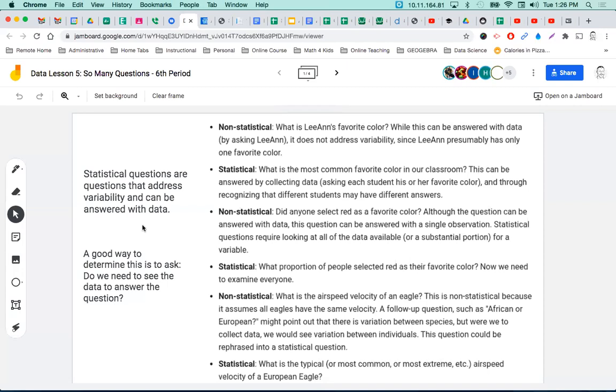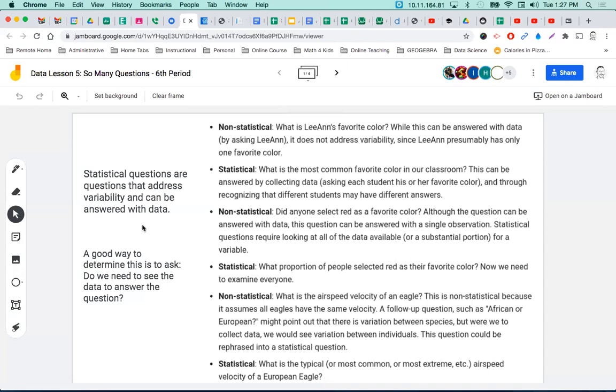Like I said, if we were to ask one person one question, we can't compare that response unless we get others to respond. Or unless we are asking the same person a question about multiple instances of that happening, where we've got variability of data.